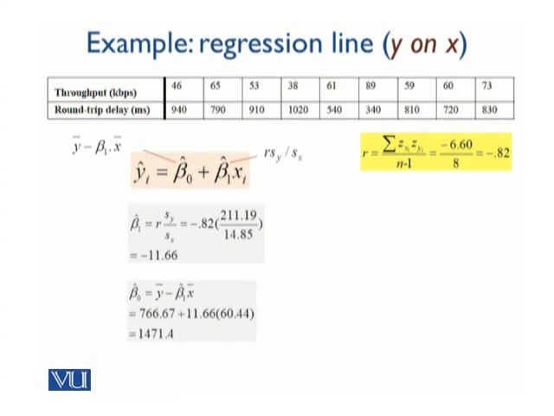If we plug in the values, we get an intercept value of 1471.4. If we write this down in the form of an equation, we have y_i hat is equal to 1471.4 minus 11.66 x_i.